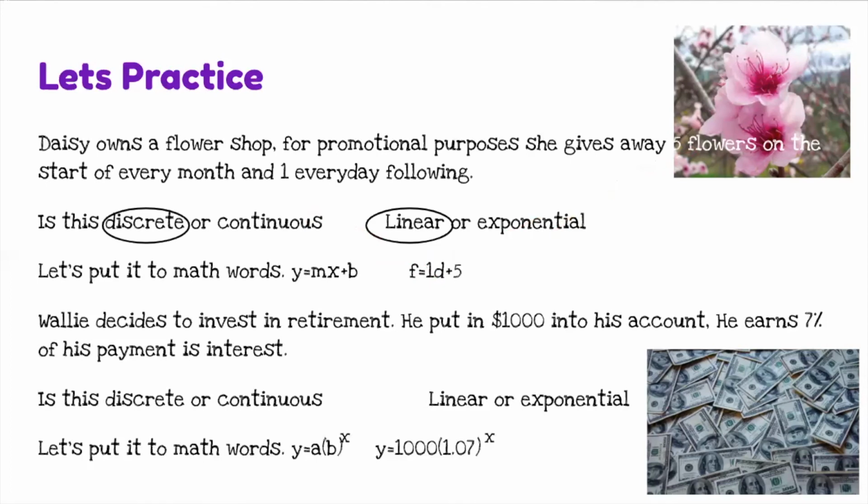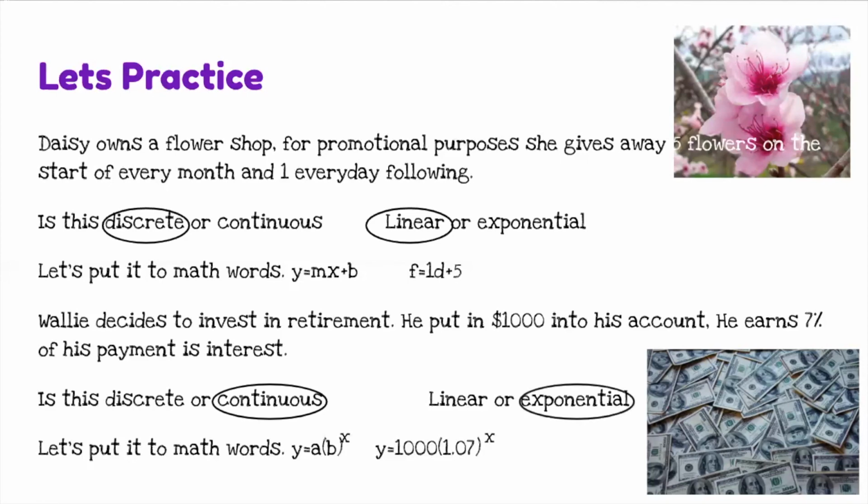So Wally decides to invest in retirement. He puts $1,000 into his account, and then he earns 7% of his payment in interest every year. So is this discrete or continuous, linear or exponential? This is continuous because it continuously gains.